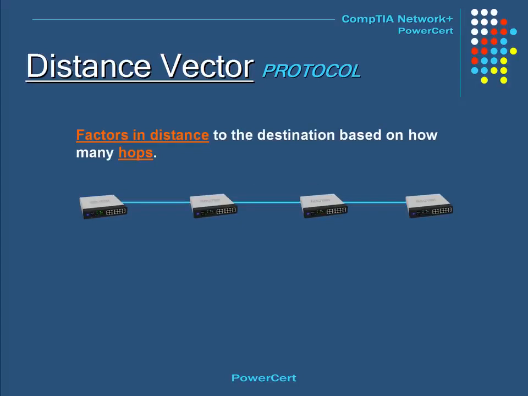A hop refers to how many routers a data packet has to go through to reach its destination. So for example, for data to travel between these two end routers here, it would take 3 hops. 1, 2, and 3.